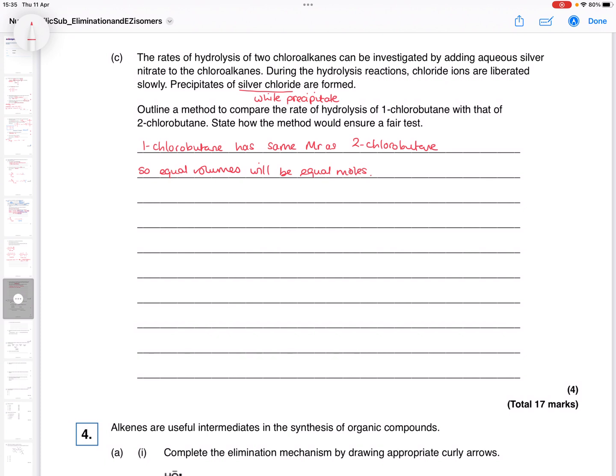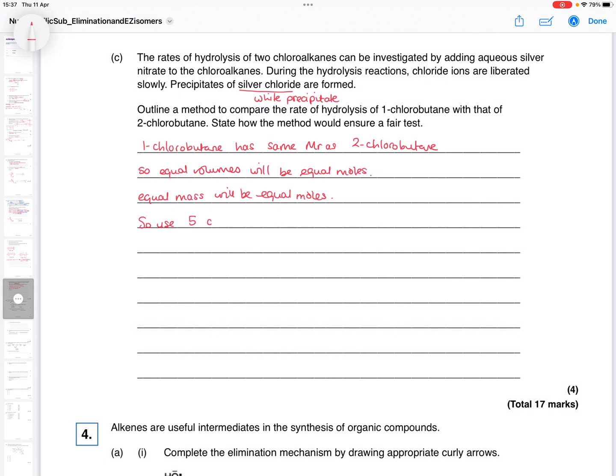In this case, 1 chlorobutane has the same MR as 2 chlorobutane, so there might be a slight difference in density, but more or less equal volumes are going to be equal moles, and certainly equal mass is equal to equal moles. So if we use the same mass or same volume of the halogenoalkane, then we will have the same amount.